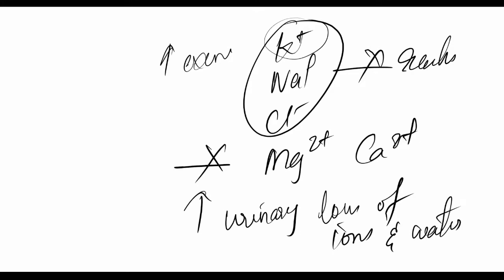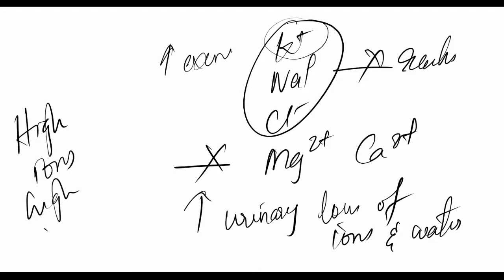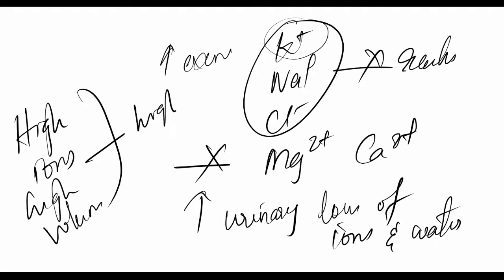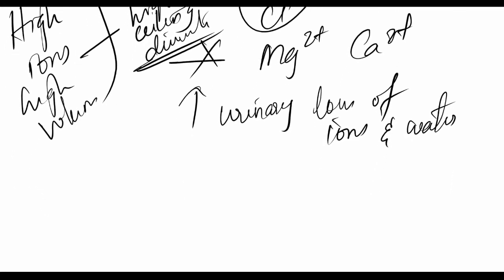Because of the high amount of loss of ions and high amount of loss of volume, these are called high ceiling diuretics, which means they are having a very large action on a large amount of volume and a large number of ions. So this is one of the characteristic features of loop diuretics, that they have very extravagant action.